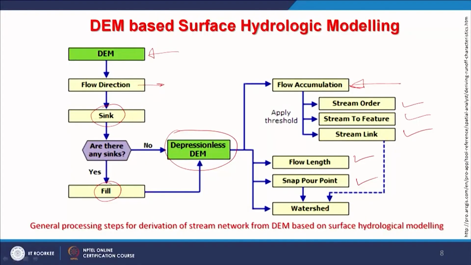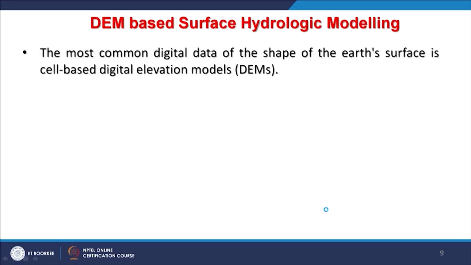Otherwise, within that digital elevation model, you can derive watersheds of your desired size, decided based on the threshold value, which is basically the area which you give. So this surface hydrologic modeling, as you must have realized by now, is a sequential modeling, meaning you can do it quite easily step by step.